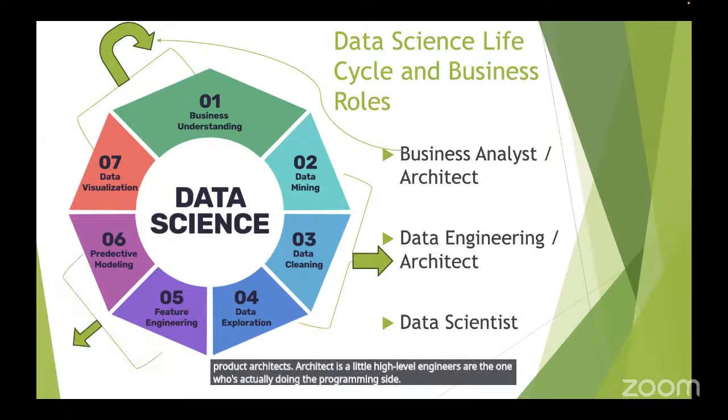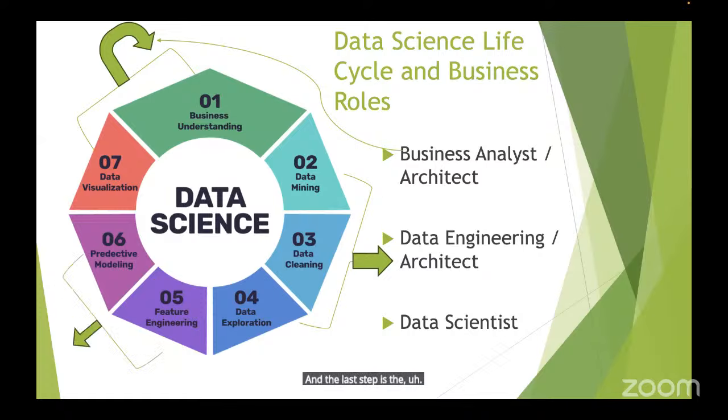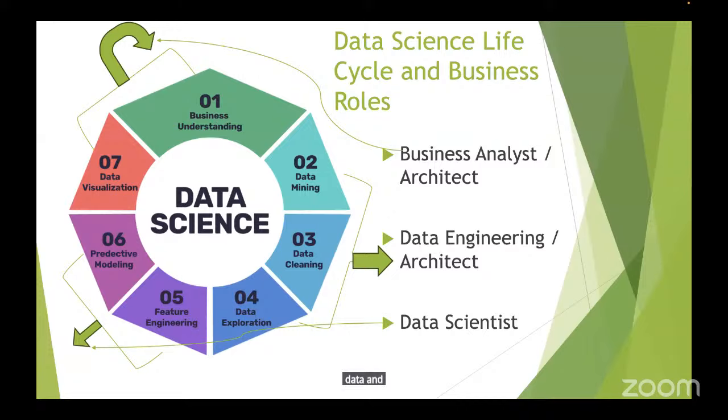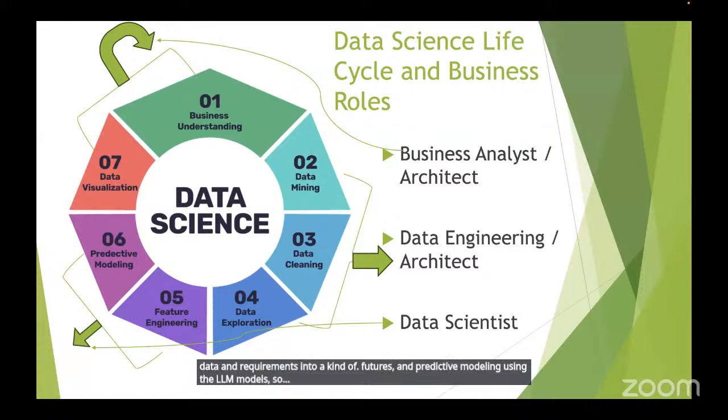And the last step, predictive modeling and feature engineering, is mostly done by the data scientist, because they know how to convert the data and requirements into features and predictive modeling using LLM models. So it will be done with Python, or with a lot of LLMs.